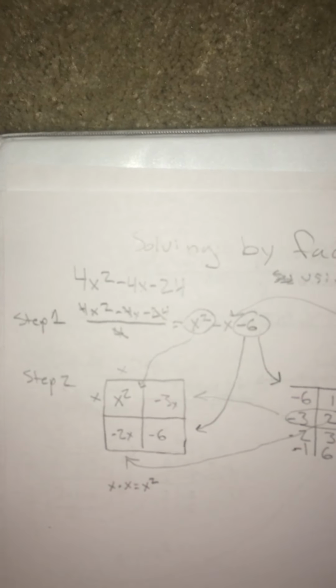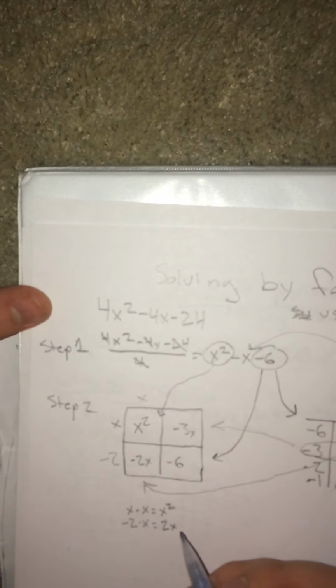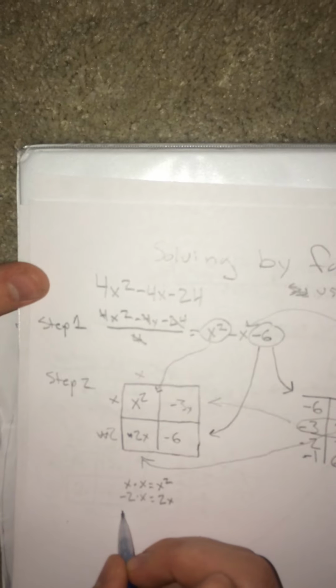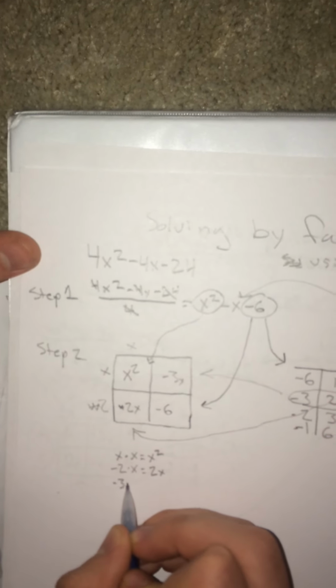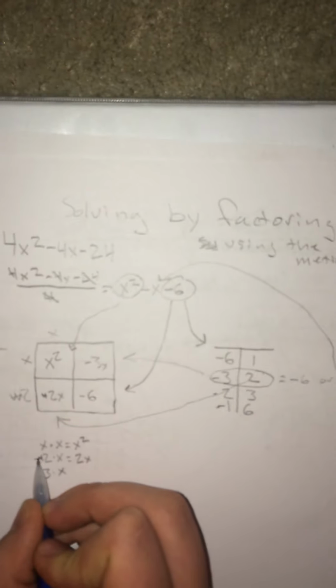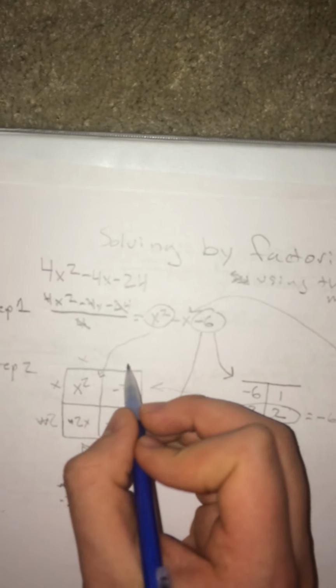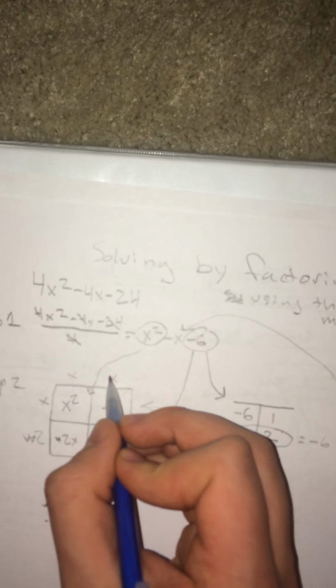And then on the bottom, below x, you're going to have negative 2. Wait, excuse me, you're just going to have a normal 2. And then on top you're going to have a negative 3.